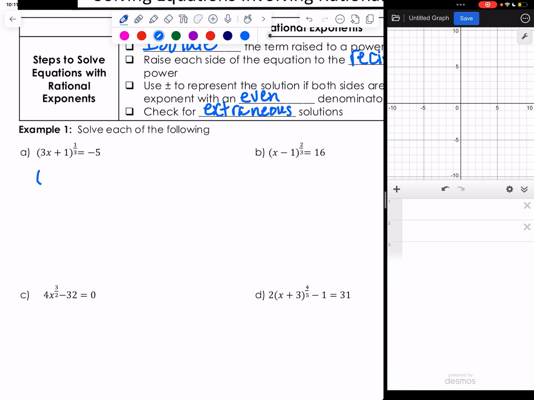So I'm going to have 3x plus 1 to the 1/3 power, and I want to raise both sides to the reciprocal power. Now, the reciprocal of 1/3 is 3/1. So I'm just going to raise both sides to the 3 power.